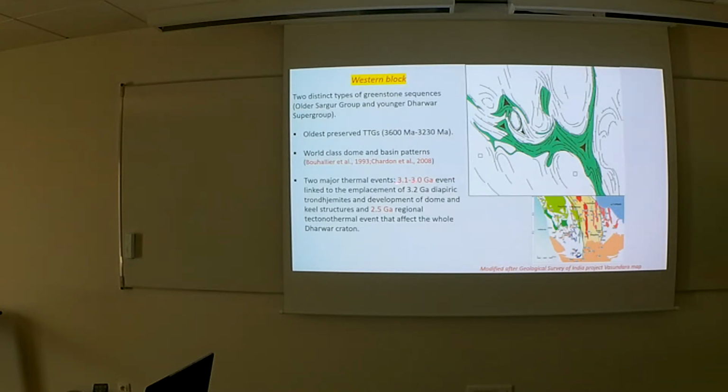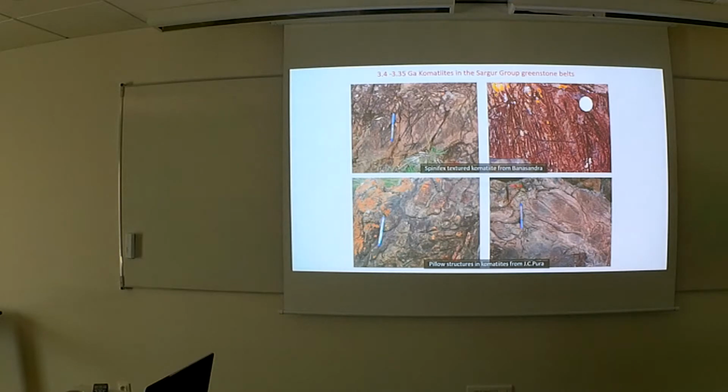As I already mentioned, this is affected by two thermal events, one at 3.1 to 3, and another at 2.5. Now, these are the lithologies of the older greenstone sequences.